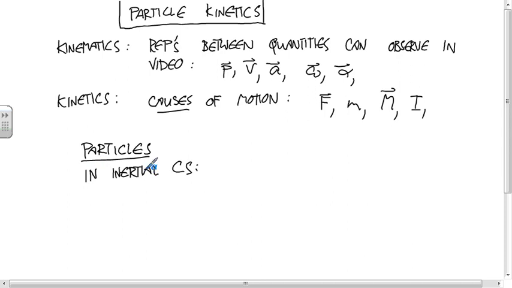If your coordinate system is inertial, then you can use Newton's second law, which says the net force on the object is equal to the mass of the object times the object's acceleration.